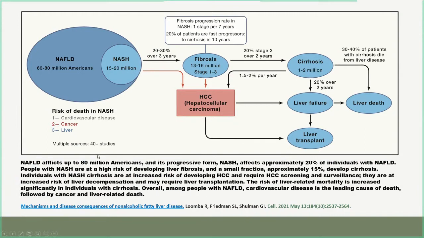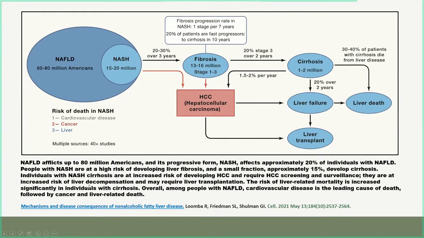So it afflicts about 80 million people in the United States, and its progressive form, which is NASH, affects about 15 to 20 million people. Then you have another 20 to 30% over 3 years having fibrosis, stage 1 to 3, and then a further 20% of those going on to stage 3 over 2 years with cirrhosis, liver failure, which may lead to liver transplant or liver death.